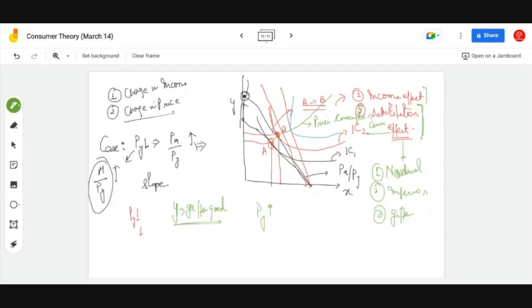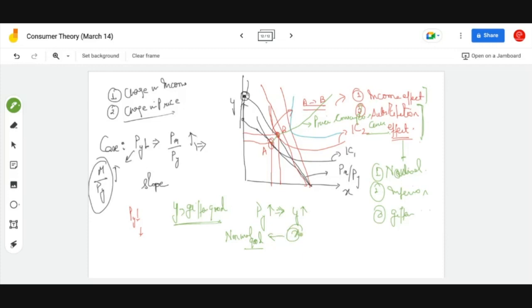So when your PY increases, what happens to the consumption of good Y? It will increase. Y will increase. And what happens to the consumption of good X? So this means good X is a normal good? Yes or no? Yes, sir.